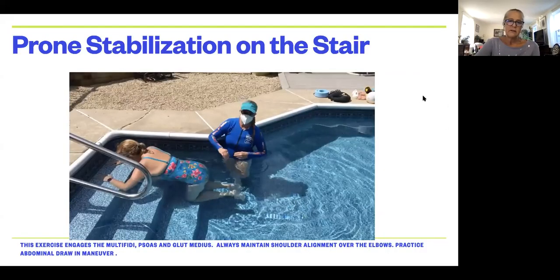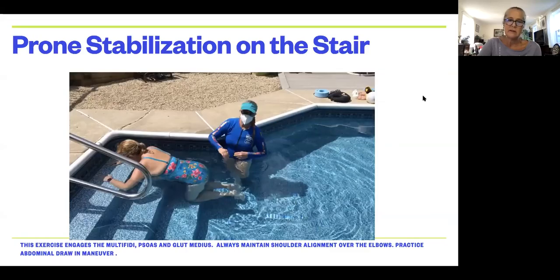Yep, so it's a lot of tactile cueing, but I've noticed that clients who have had TBIs enjoy the variation of the positions in the water. And when I have somebody go prone, she's a little bit tall. Normally the person would have their shoulders over the elbows on the stair, so you don't want them extended.